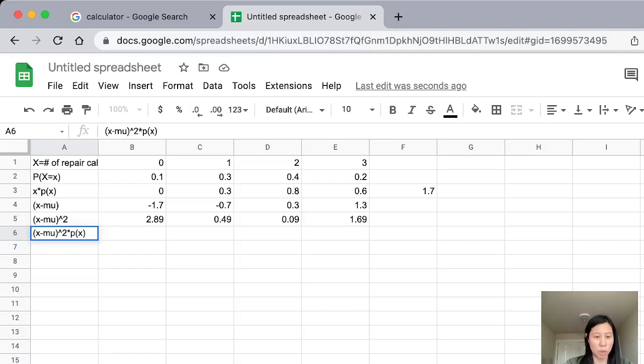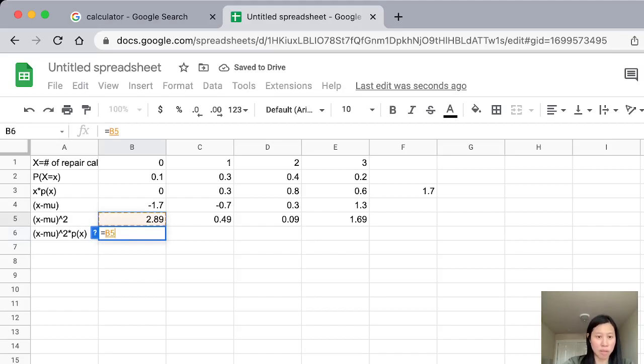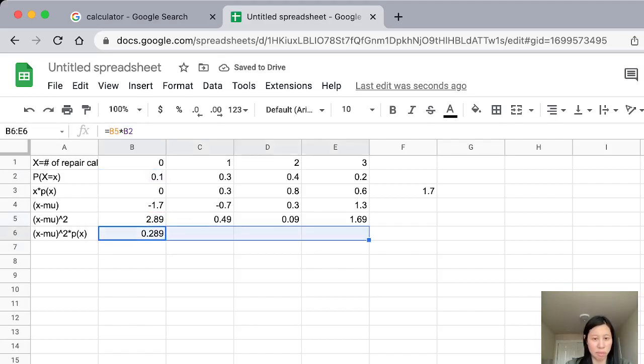Basically you want this number multiplied by the probability 0.1. And then we'll repeat this. You drag the little square.